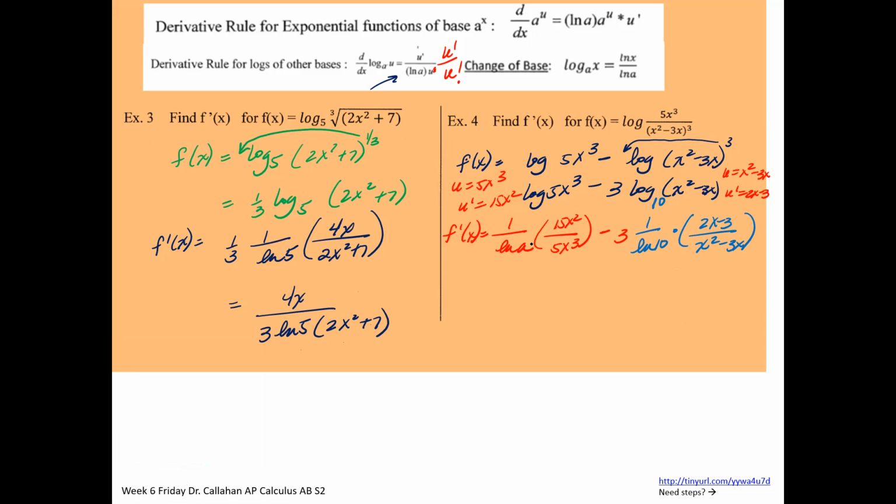I'm trying to figure out how we want to proceed. Well, this part right here, we can take it as a minus 3 times 2x minus 3 over ln 10 times x squared minus 3x.